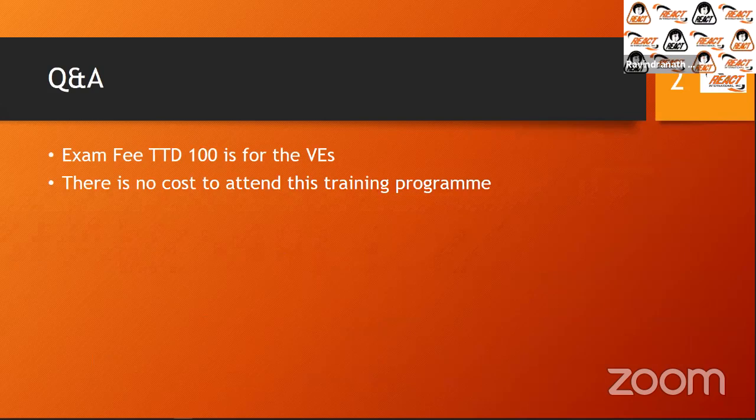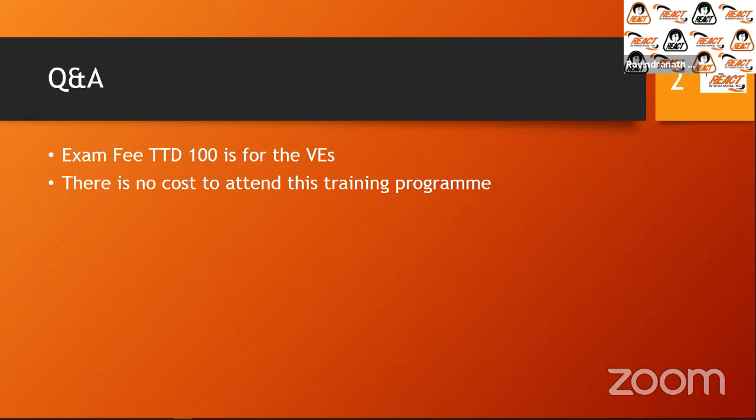A couple of questions from our last session that were asked via email, we will deal with very quickly. The first one is that the exam fee of $100 TT that was noted in session number 1 is actually not to do with the attendance of this class.